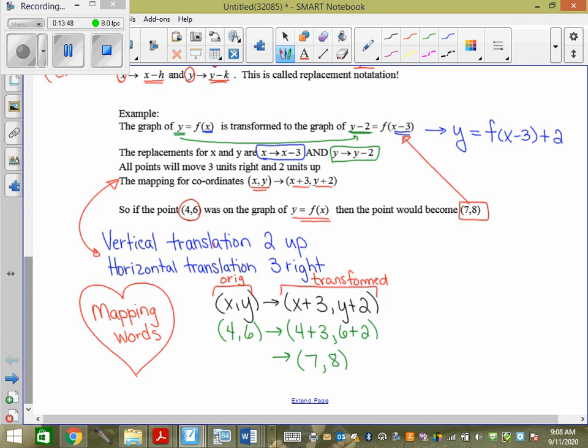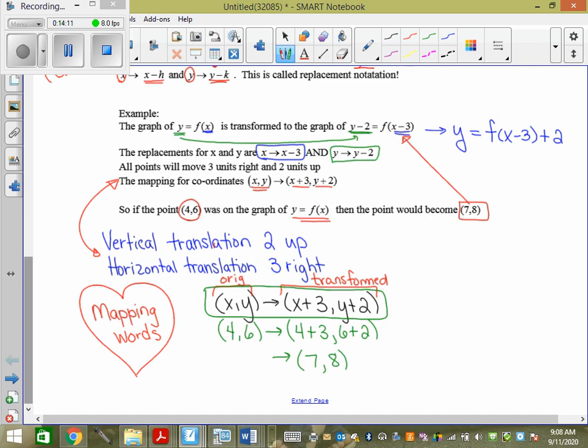Now mapping, I'll see people just write x plus 3, y plus 2. That's their mapping. Mapping is, I have a point, it becomes this point. So if they ask for mapping on a diploma, you have to show this whole thing. You're saying this original point becomes this point. Okay? If you don't do that, you're not showing mapping, and you're not going to get any marks.